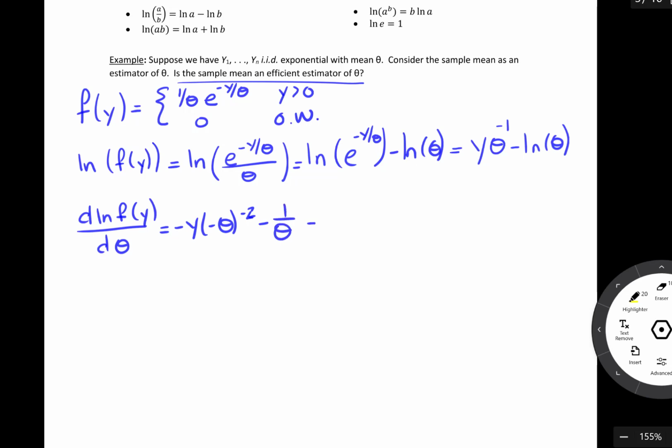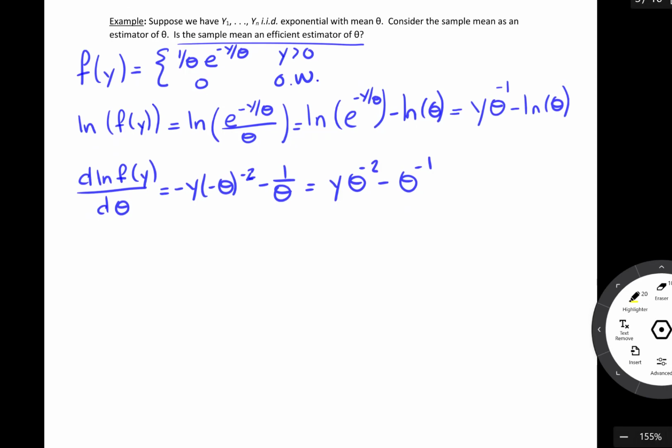Okay, and then notice this is equal to the following. So there we have our first derivative. So next we're going to find our second derivative.